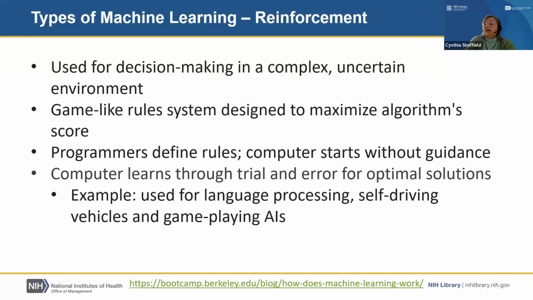When building reinforced learning algorithms, programmers set up the game's rules, but they don't provide suggestions as to where the computer should begin. The computer then uses trial and error to develop the optimal solution to the issue at hand, and reinforcement learning algorithms are used for language processing, self-driving vehicles, or game play like Google's AlphaGo.